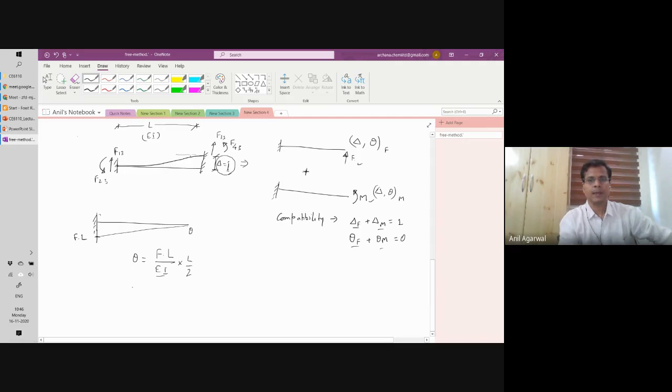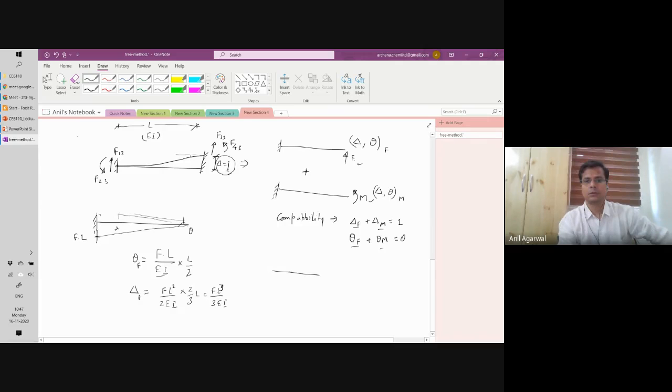That is the area. And delta here would be this area, FL square by 2 EI, multiplied by the centroid distance from the location we are calculating the displacement at, that is 2L by 3. That will be FL cube by 3 EI. Agreed? Everybody is on board with this? FL cube by 3 EI. That is my delta because of F.